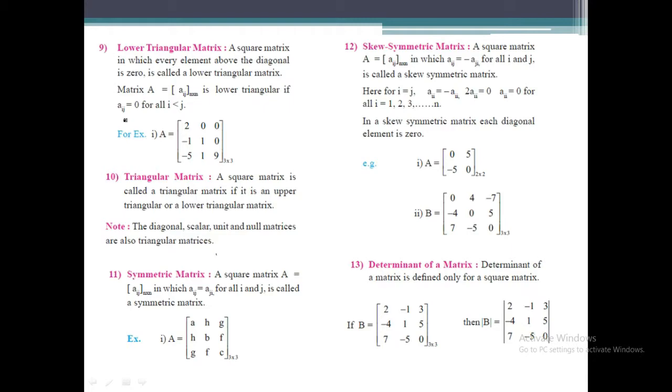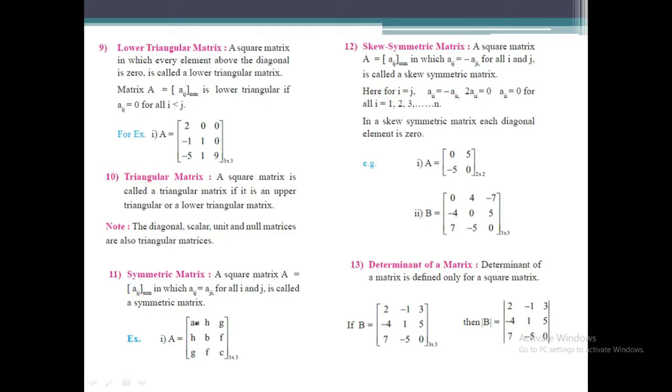A square matrix in which every element above the diagonal is 0 is called a lower triangular matrix. Tenth one is the triangular matrix. A square matrix which is either a lower triangular matrix or an upper triangular matrix is called a triangular matrix.